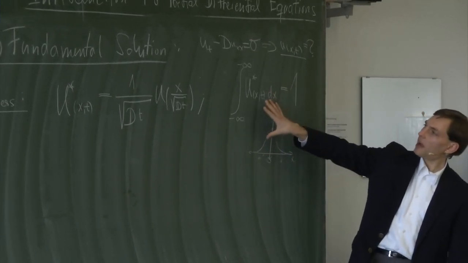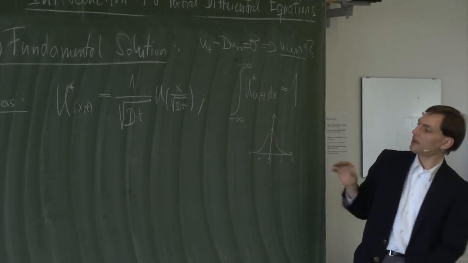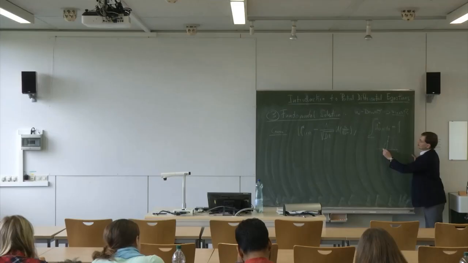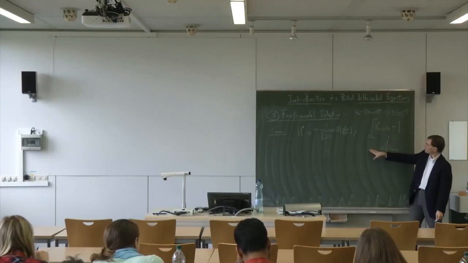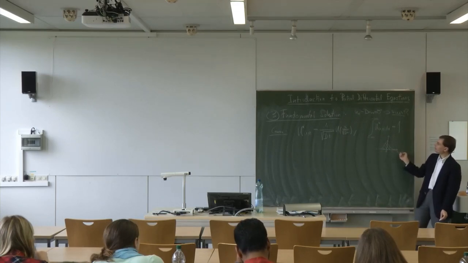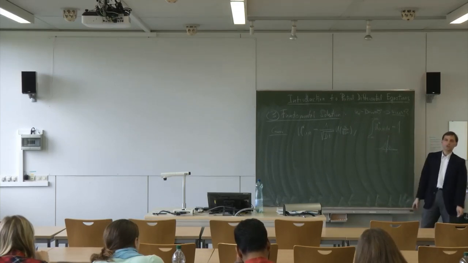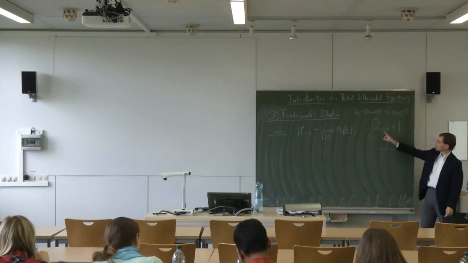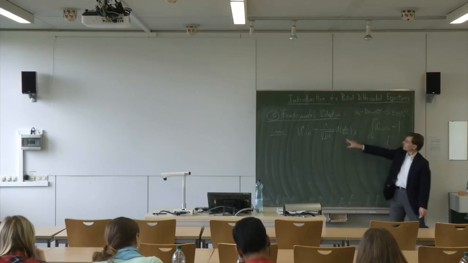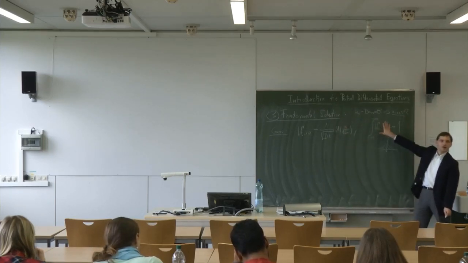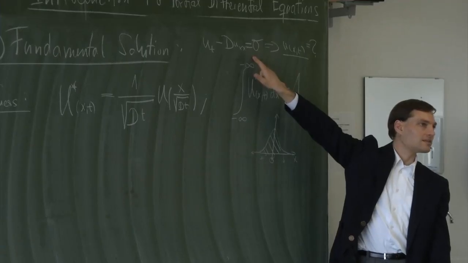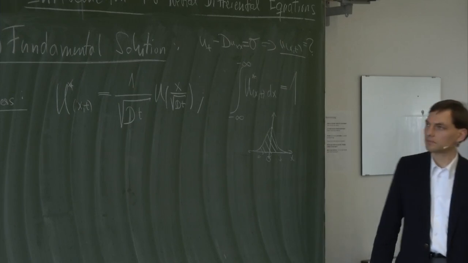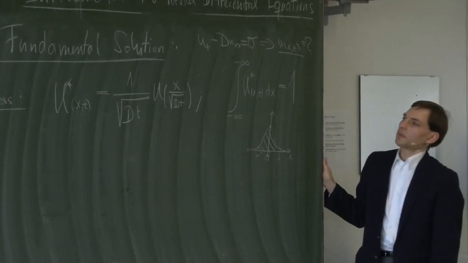And that can be captured by saying that all the heat points, which means the area below this curve, if I integrate from minus infinity to plus infinity of this solution, should add up to 1. And now I look for a function u of this type that satisfies this and, in the end, this equation.